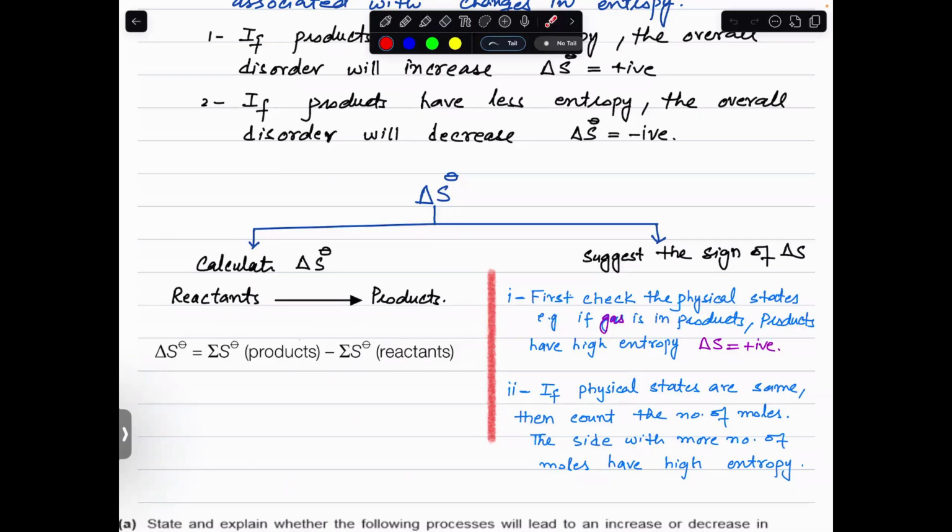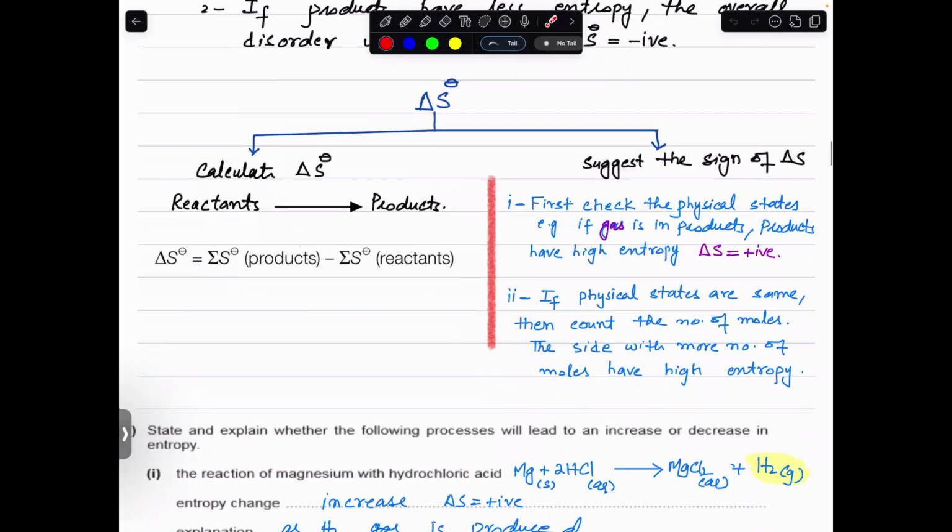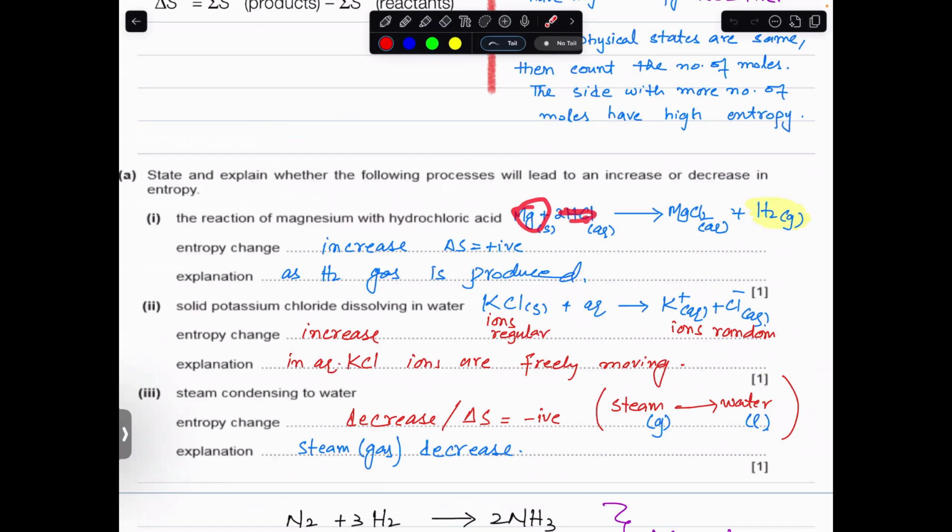Now next, sometimes they ask us to suggest a sign. Most of the time, there are many, many questions on this. So if you are supposed to suggest a sign for any change like this: magnesium is added to HCl. Magnesium is a solid, added to aqueous.